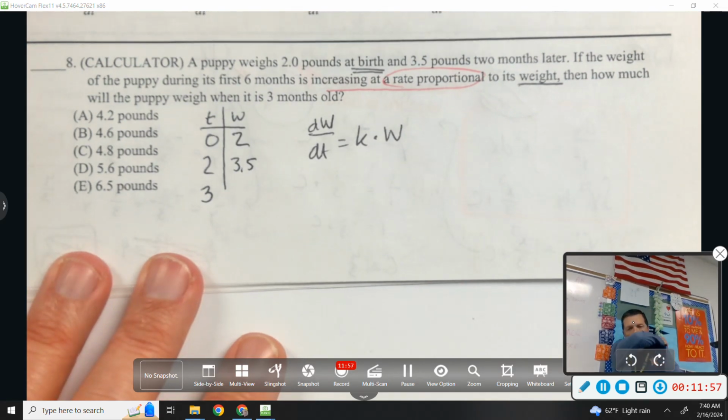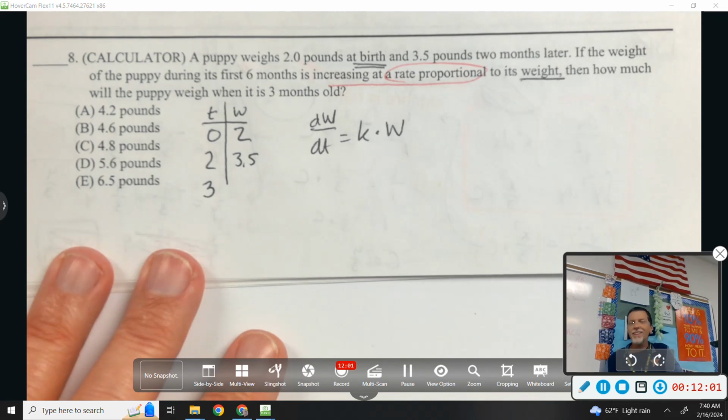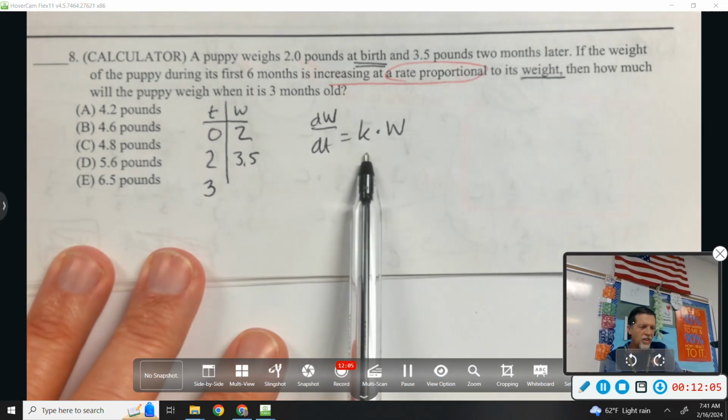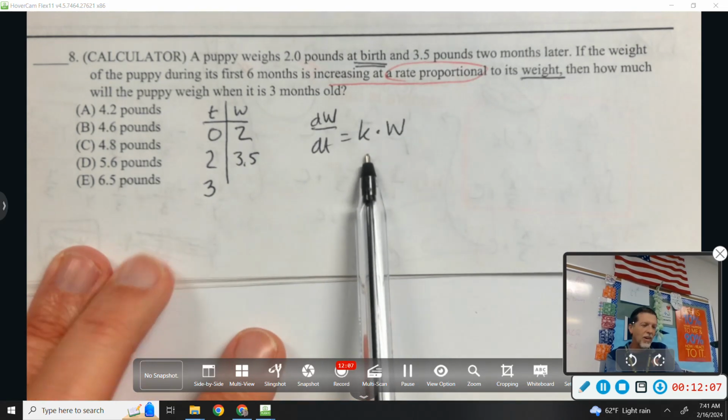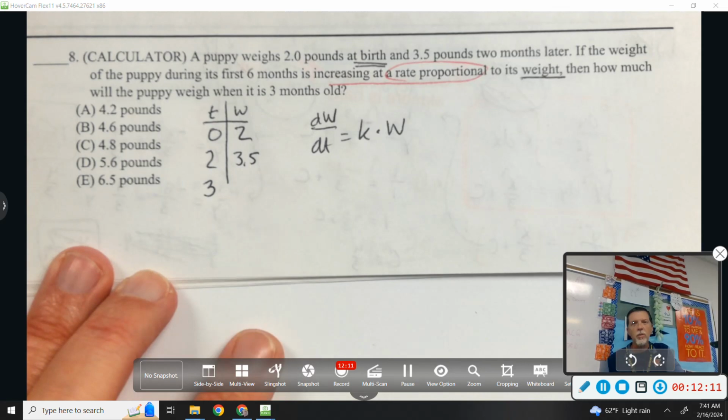Okay. So a word problem compared to the previous two, but kind of the same thing. Here's a differential equation. We'll need to separate, integrate, use the initial information, and then plug in for 3.